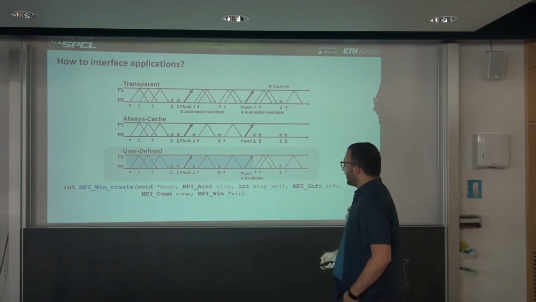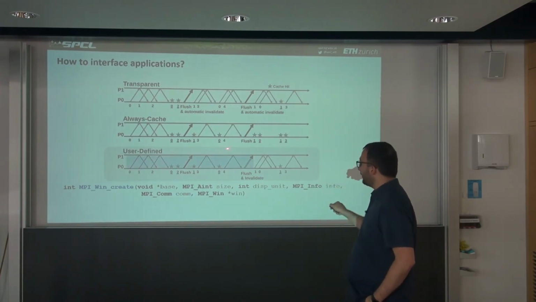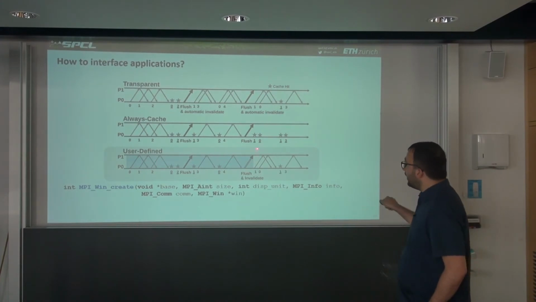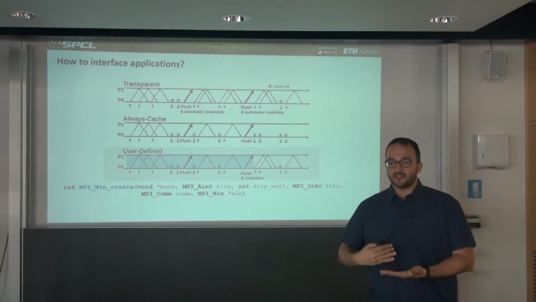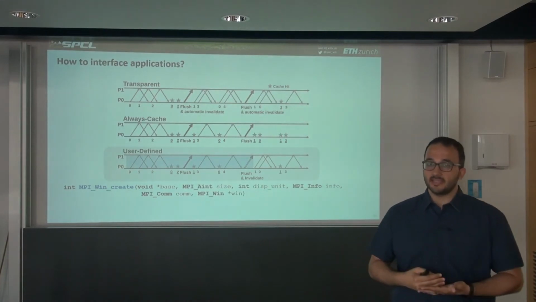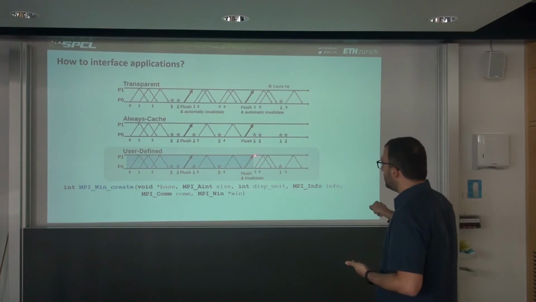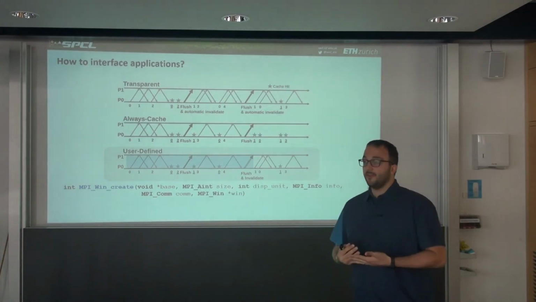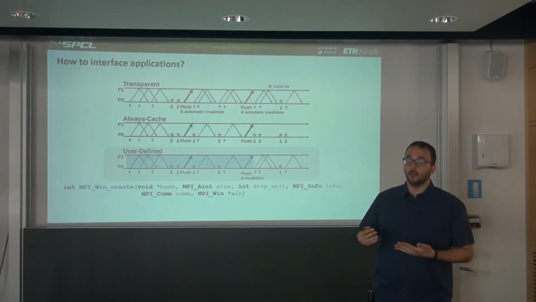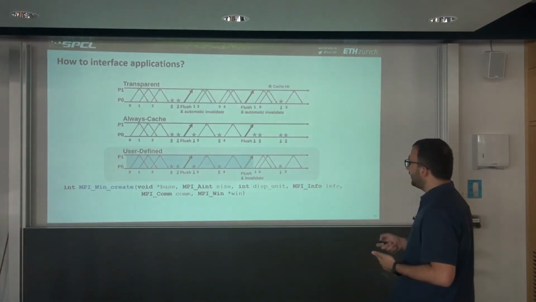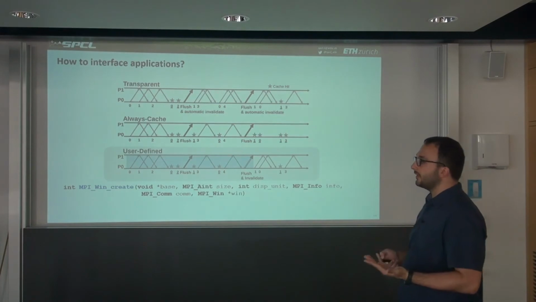Here you have 2 epochs, and in these epochs the cache is valid, and then once an application phase terminates, like in a BSP model, the guarantee that the data represented by that window is read-only doesn't hold anymore. Hence, you need to invalidate the cache manually.